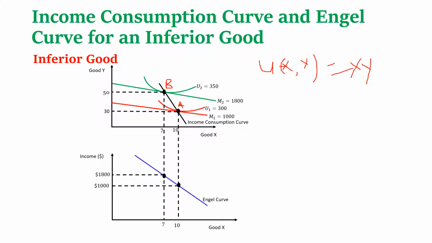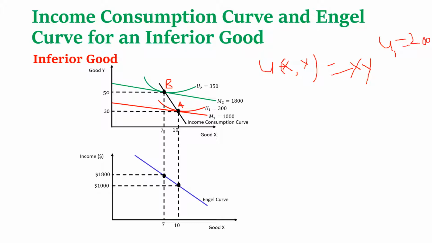If you have something like U1 equals 200, and they want you to draw an indifference curve here, it is just so easy. You start from X equals 2. If X equals 2, then Y is going to be 100.